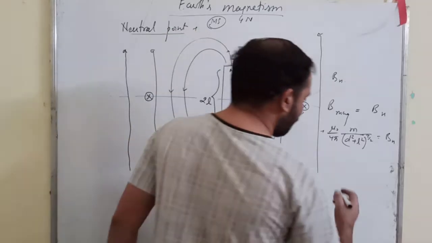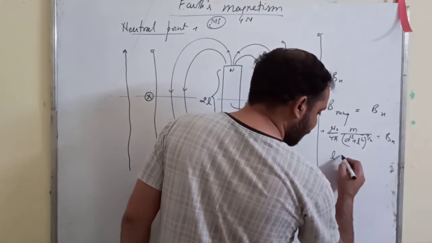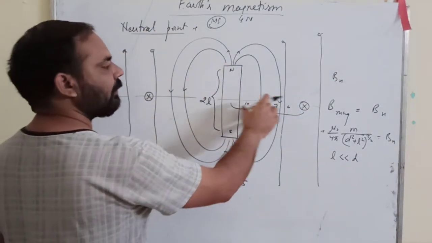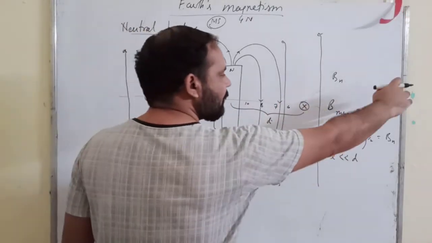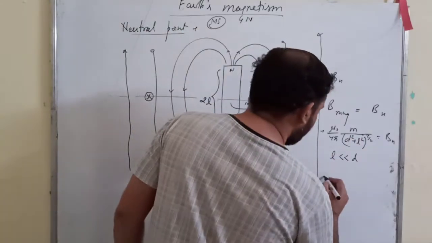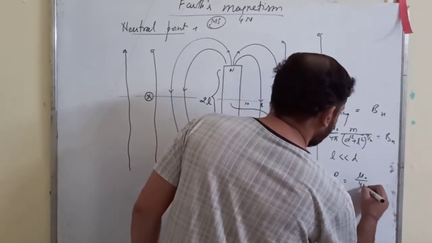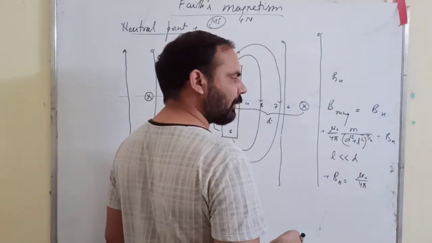Now you can make an assumption here. L will be very small as compared to d, because this point you will get at a large distance. So you can write that BH is equal to mu naught upon 4 pi, and d square plus L square will be approximately equal to d square only.